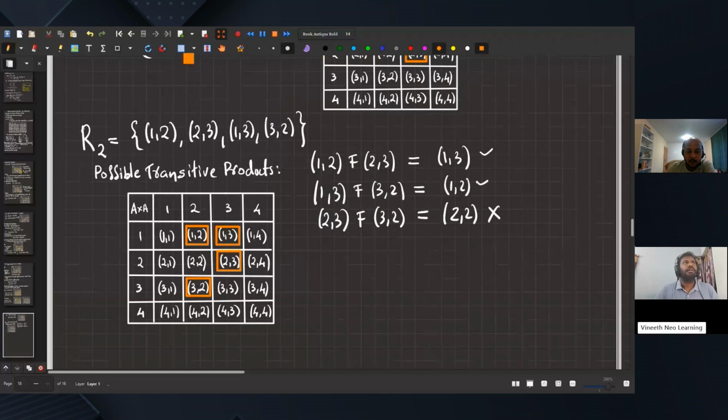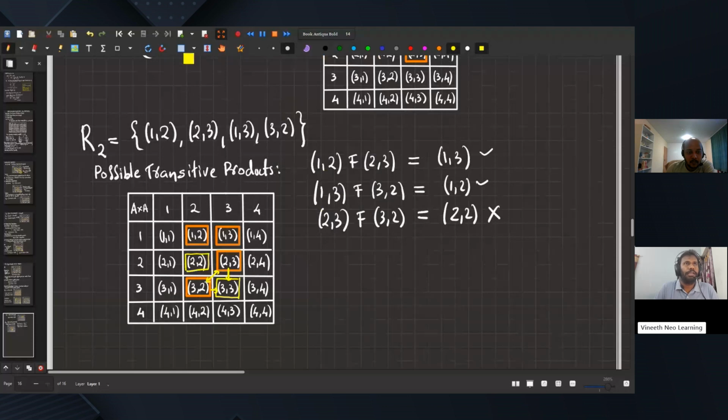Now let's draw it like square boxes. (2,3) and (3,2) can result in these two products.